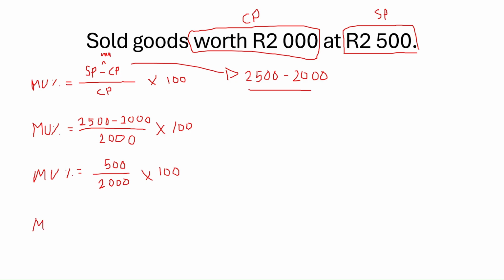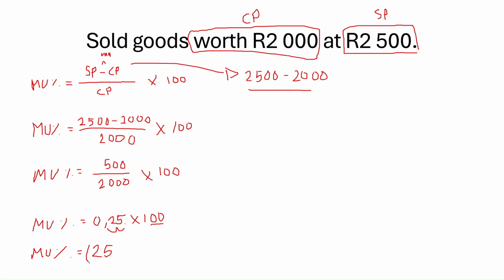So markup percentage equals 0.25 times 100. And by now you should also know, with multiplying with the grade 2 method, 2 zeros, the decimal point moves 2 places back. So that'll give us the markup percentage of 25%, or just 25.